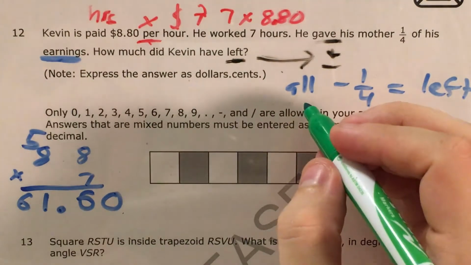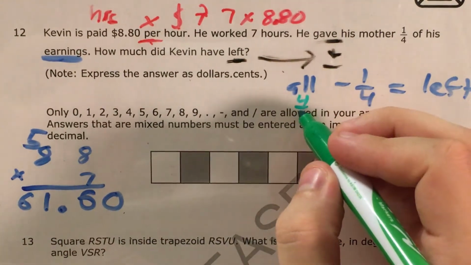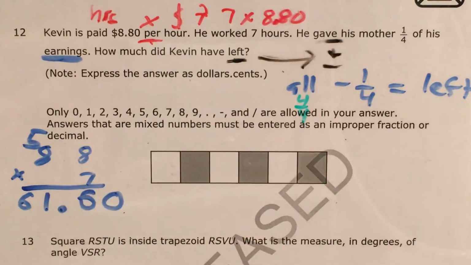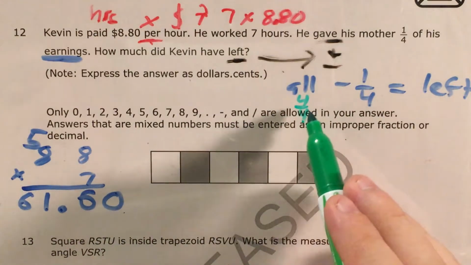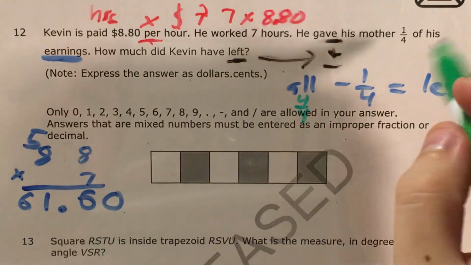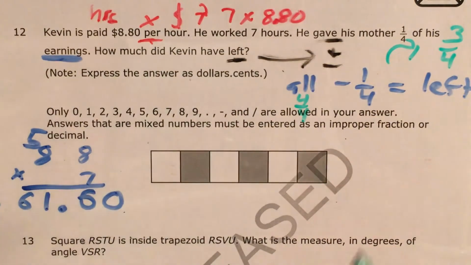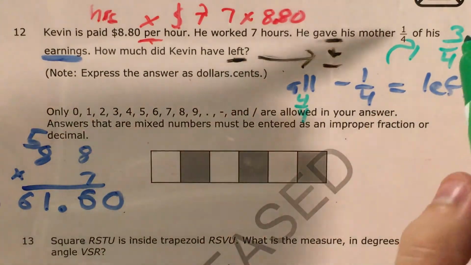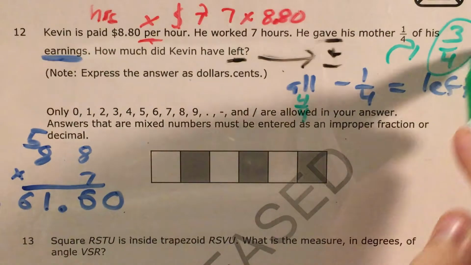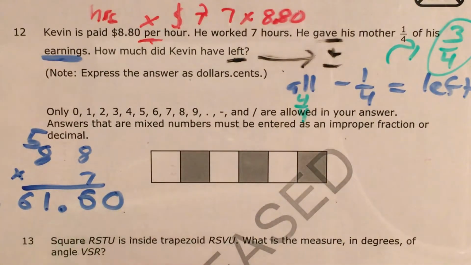And if I think of all as just 1, which is another way of saying 4/4, take my word for it, this is 4/4. 4/4 minus 1/4 gives me 3/4. So there's two ways to do this. We can just figure out what 3/4 of this 6160 is, or we can figure out what 1/4 of 6160 is, and then do some subtraction. I'm going to do this problem both ways from here.